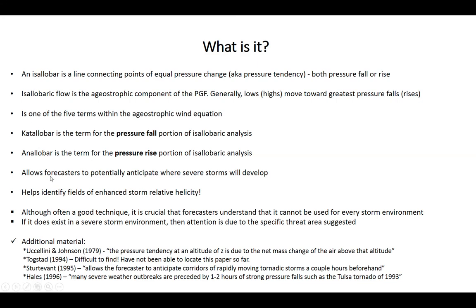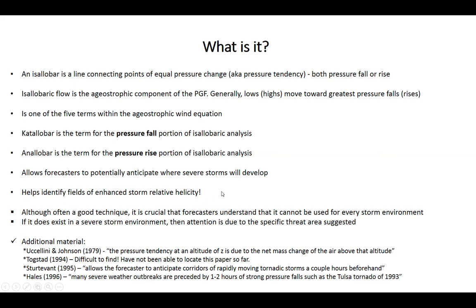Isallobaric analysis allows forecasters to potentially anticipate where severe storms will develop, and it helps to identify fields of enhanced storm relative helicity. This is actually something I'm still researching, but it does have a lot of potential.